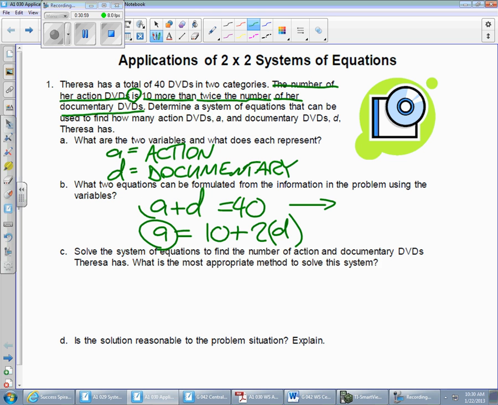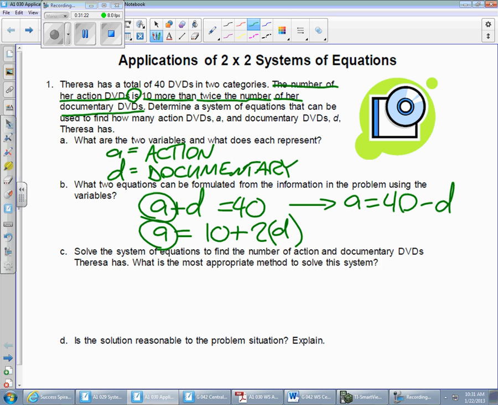So let's get A isolated right there. If I wanted A to be by itself in this top equation, what would I have to do? Subtract D from the other side, right? If I subtracted D from both sides, I would end up with A equals 40 minus D.